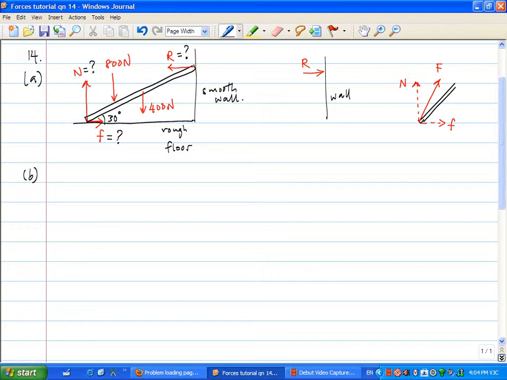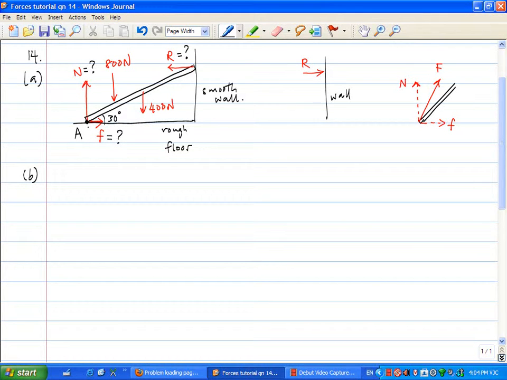So for example, in this case, if I call the bottom of the ladder A, if I take moments about point A, we will find that N and F will not appear in the equation because as far as point A is concerned, the 2 forces N and F do not have any turning effect. So the moment of N or F about point A is 0.